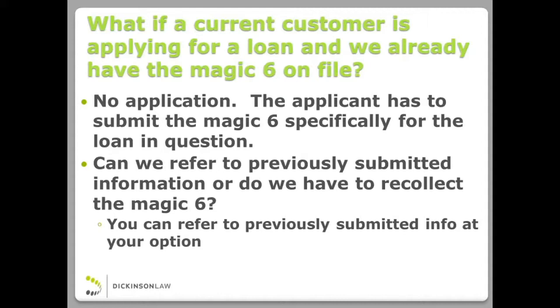It's not going to trigger anything because you have knowledge of the information wholly outside of the mortgage loan in question. Now, you can still refer to previously submitted information.